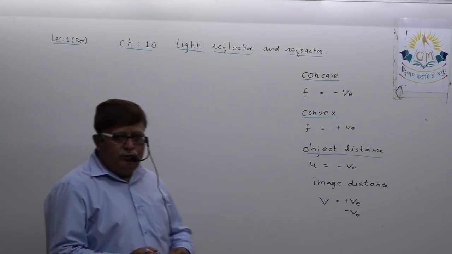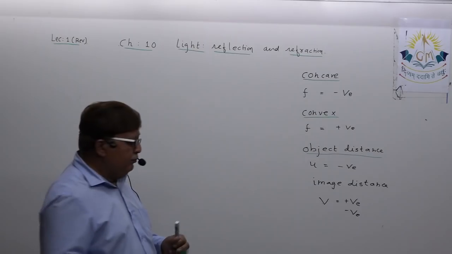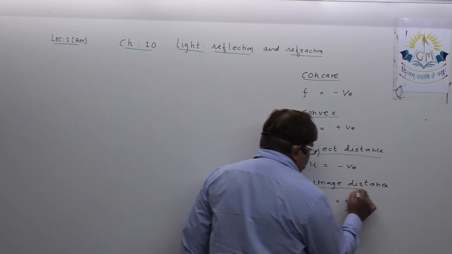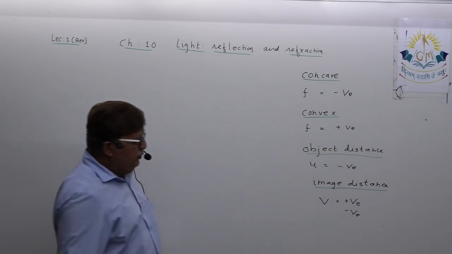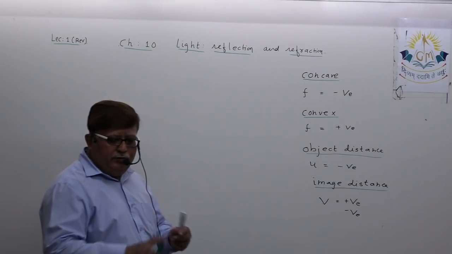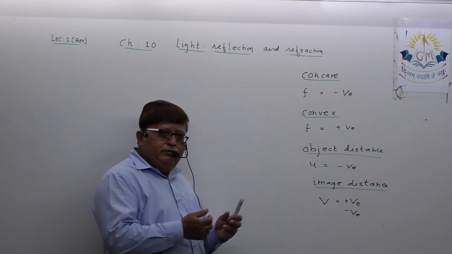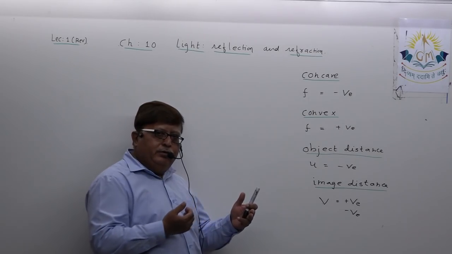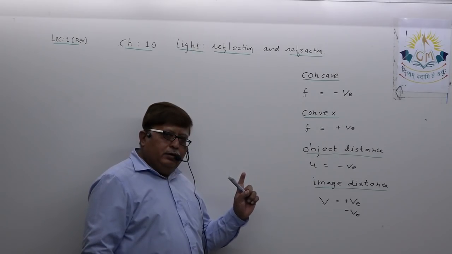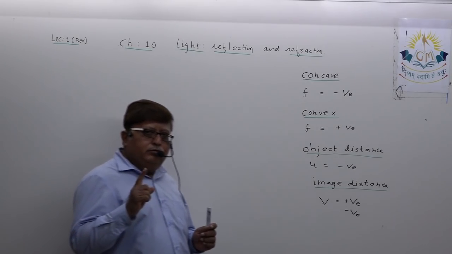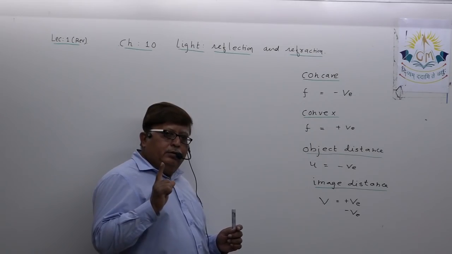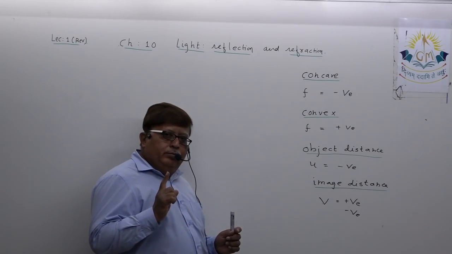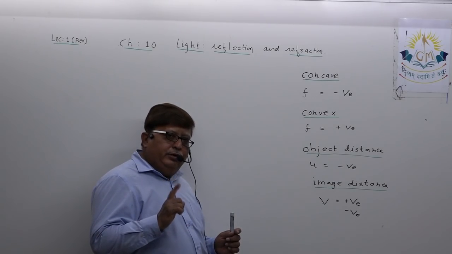Remember this point very clearly, because that is going to help you a lot in solving the examples. Image distance means the distance between the pole of the mirror and the image. Image distance while you solve any example may turn out to be positive, may turn out to be negative also.